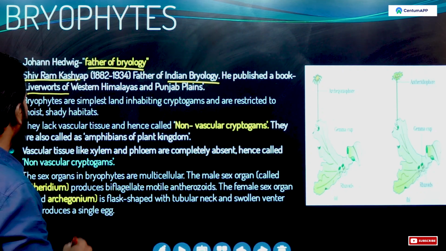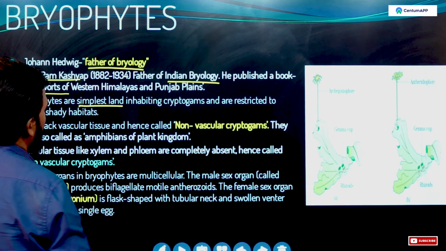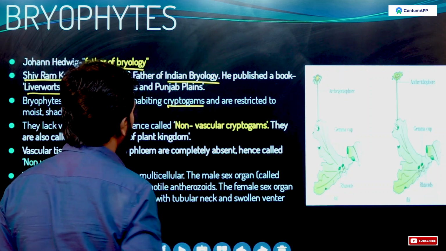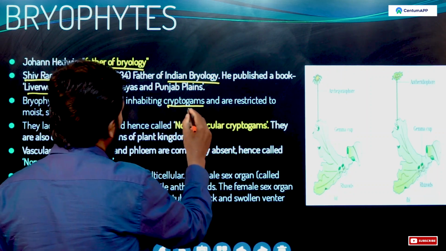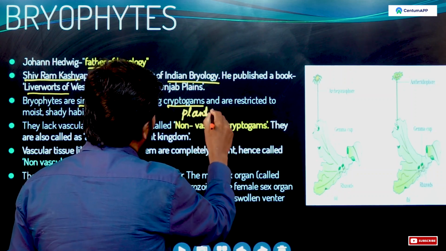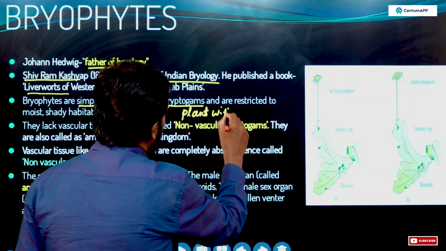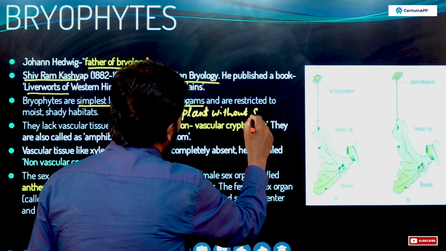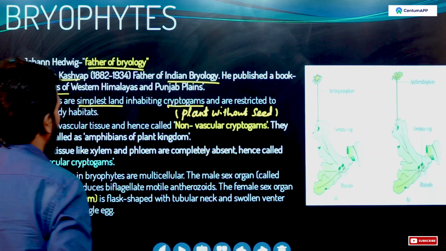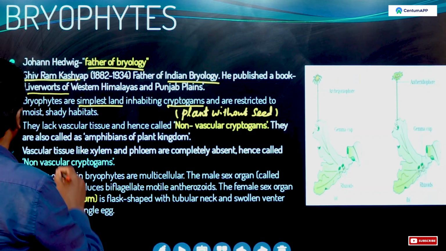Bryophytes are simple land plants, and we call them cryptogams. What is meant by cryptogam? Plants without seeds, found in moist shady habitats.